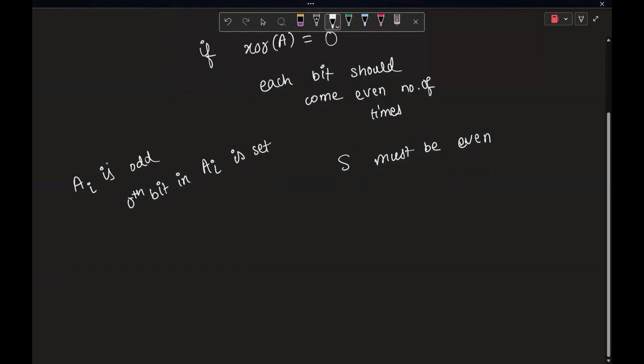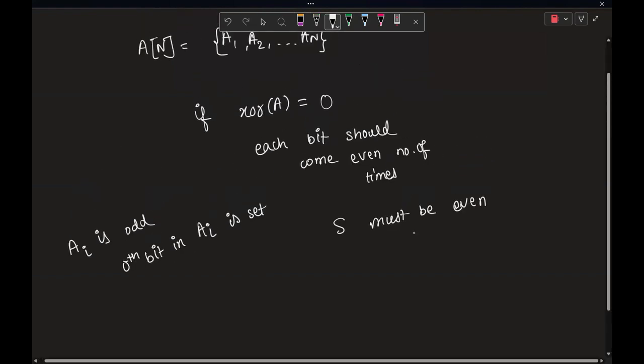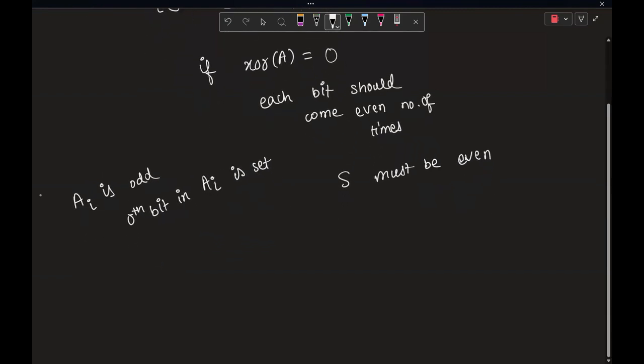If you want the sum of the elements to be odd, you would need an odd number of elements which are odd, so an odd number of A_i having their 0th bit set.